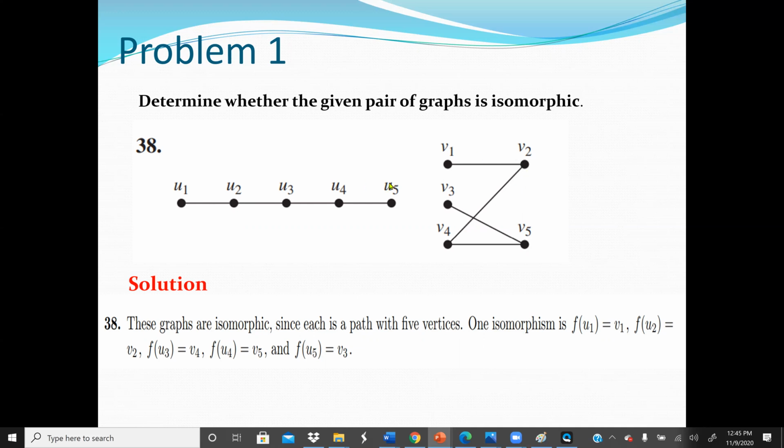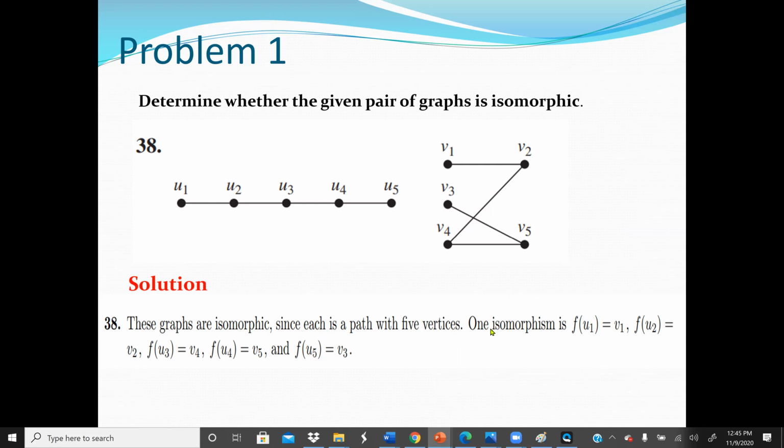So this is how we check it. We go to U3, we have 2, and then we can take E3 with V2, we have 3, or I'm sorry, 2. Okay, good. So we said these graphs are isomorphic since each is a path with 5 vertices.